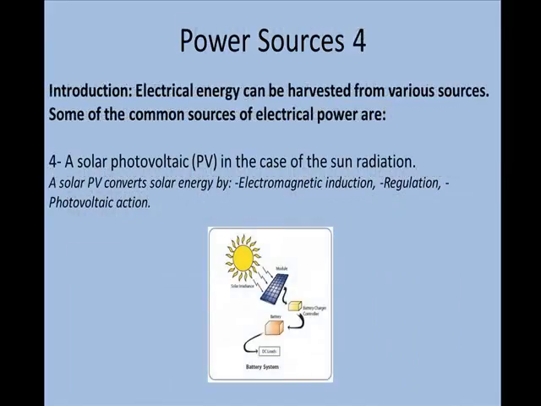Now, in the case of the PV or photovoltaic, that's the case of sun radiation. Essentially, what you have is a solar photovoltaic that converts solar energy, not by electromagnetic induction, not by regulation, but by what we call photovoltaic action. All right, and essentially, there's a lot of chemistry and physics behind it, but in essence, what happens is that the radiation of the sun hitting the cells creates the displacement of electrons and protons, and as a consequence of that, a difference of potential is created, or voltage.